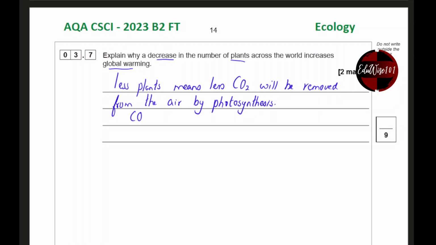Carbon dioxide is a greenhouse gas that causes global warming.